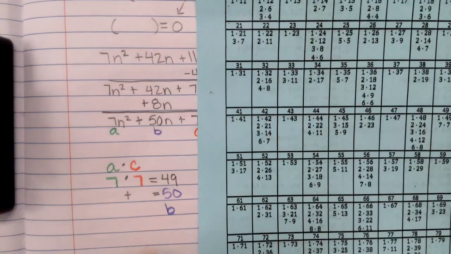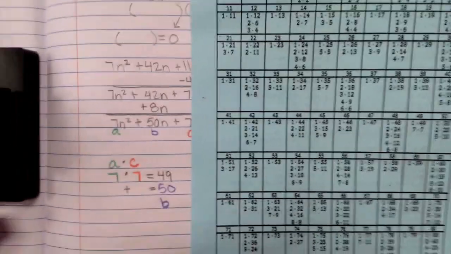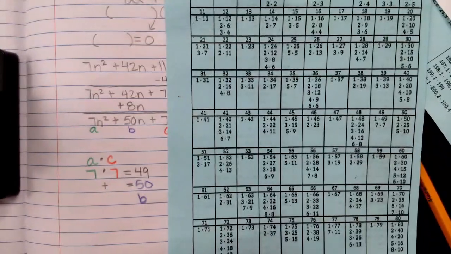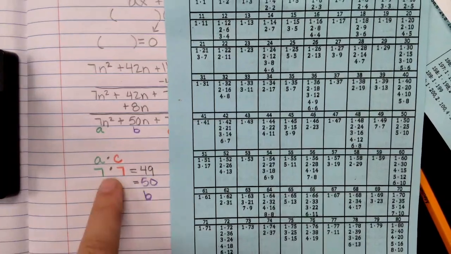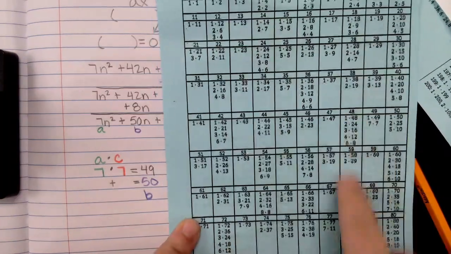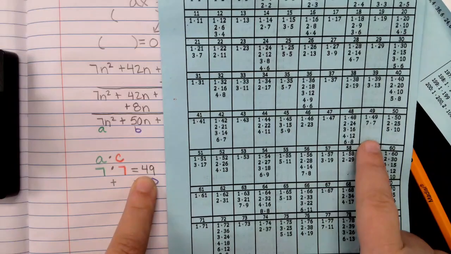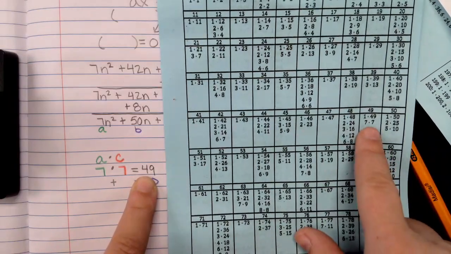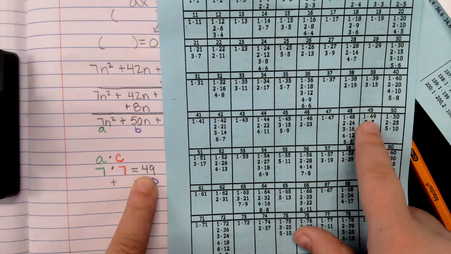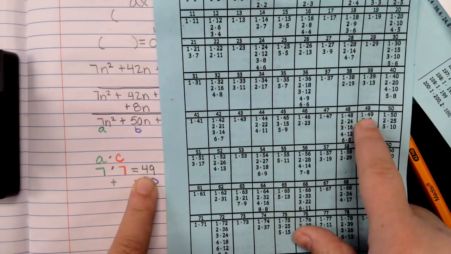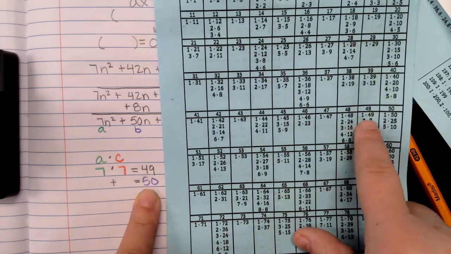We're going to look at the multiplication problem first because this is all multiplying problems. So we're going to look at the 49. But then in our head, we're going to switch those multiplying signs in the 49 to adding signs. Which pair would add to 50? 1 plus 49 or 7 plus 7? 1 and 49.